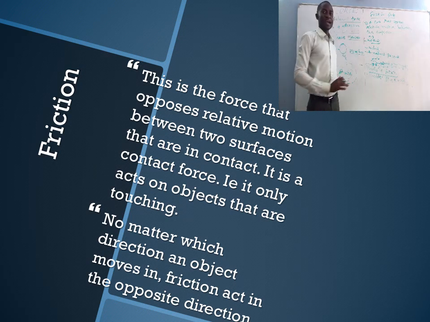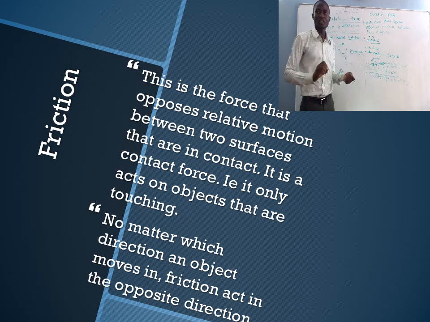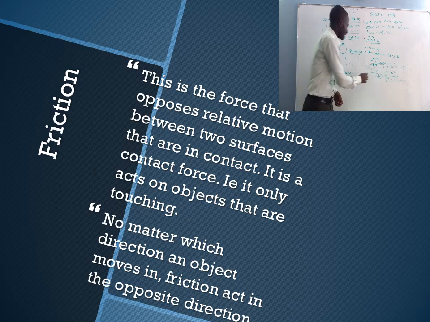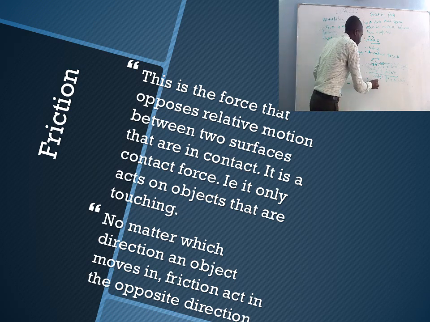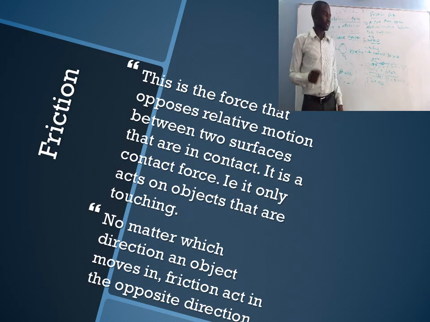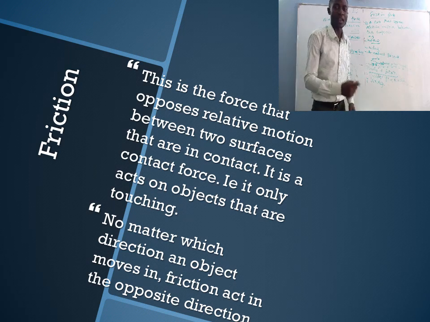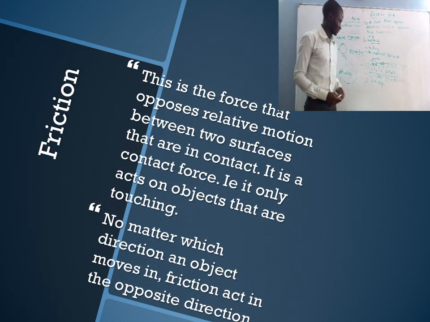Between the surface on which you are writing and the tip of the pen, there must be a friction that occurs between those two surfaces. If there is none, then you will not be able to write. Then two, even walking. Frictional force enables someone to walk. So we can move from one place to another because of friction.